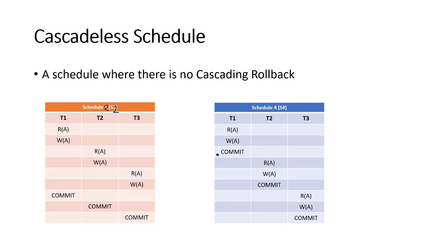This means no transaction will read data which is written by another transaction that is not committed. If you remember, a dirty read is when a transaction reads data written by another transaction that hasn't committed yet. So we need to remove the dirty read problem.